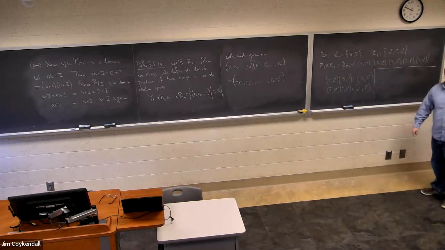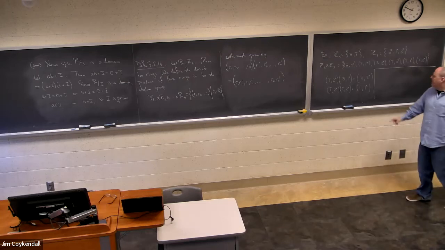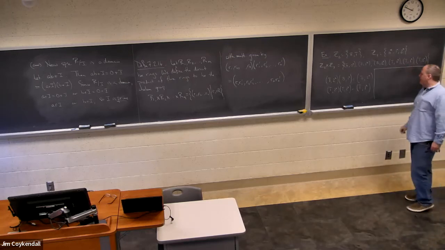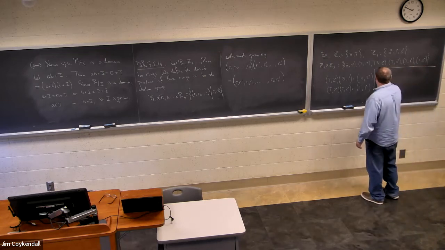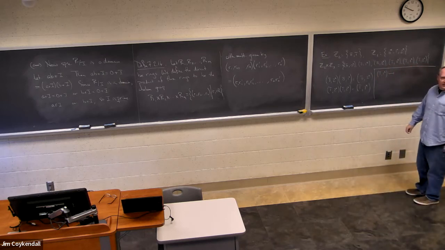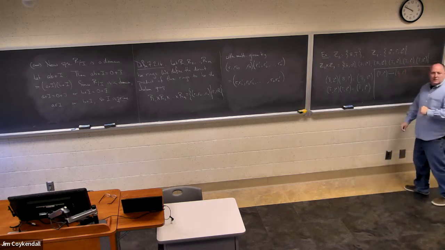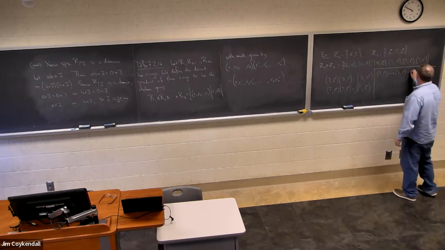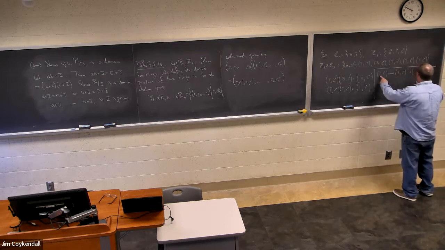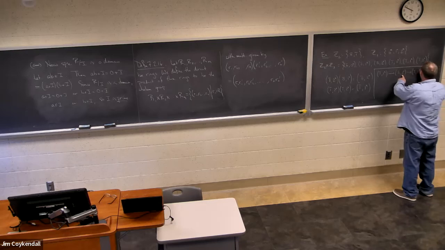By the way, what's the additive order of this? How many times do you have to add this to itself to get back to the identity? When you add this to itself, what do you get? 0 bar, 2 star. Correct? Add it again, and I'm back to 1 bar here, and I've got 3 star here, which is 0 star.